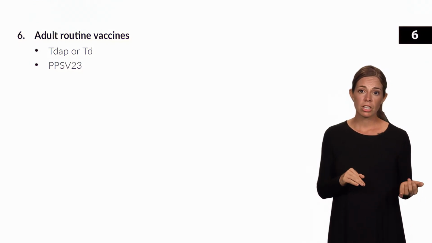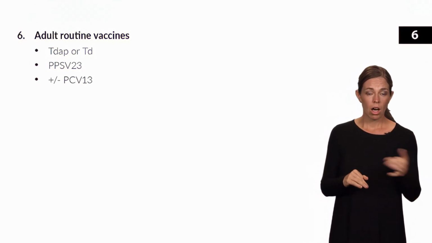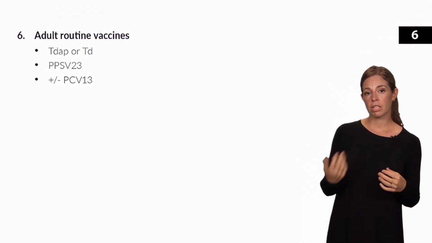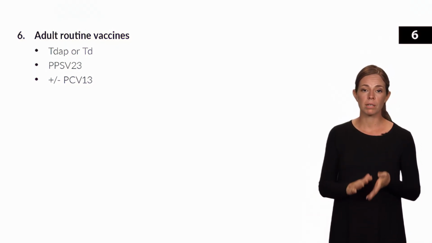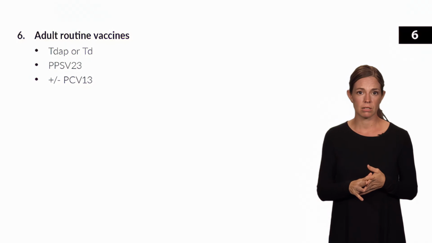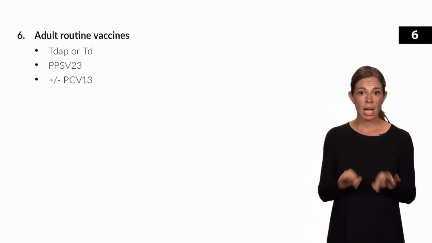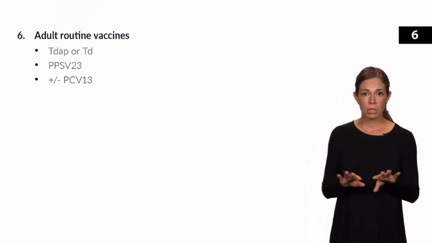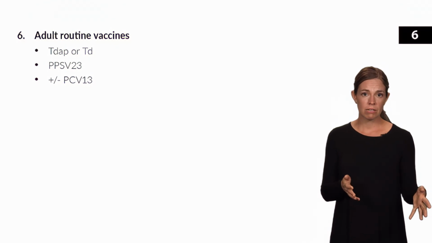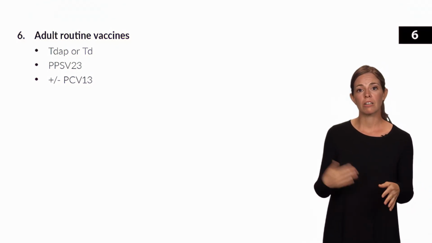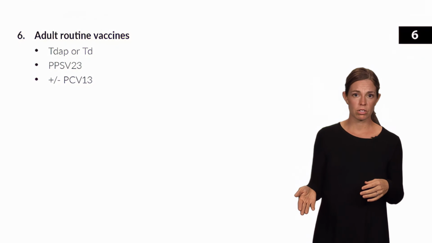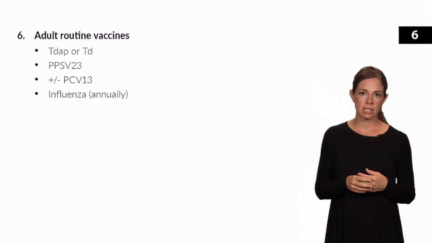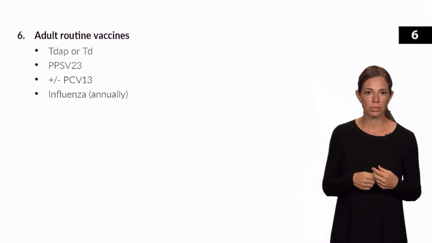The pneumococcal conjugate, PCV13, also is recommended for everyone over the age of 65 if they have not already been vaccinated with PCV13. But we don't give both at the same time. They have to be at least 8 weeks apart if PCV13 is given first, or a year apart if PPSV23 is given first. And then influenza vaccine is continued to be recommended annually for adults.